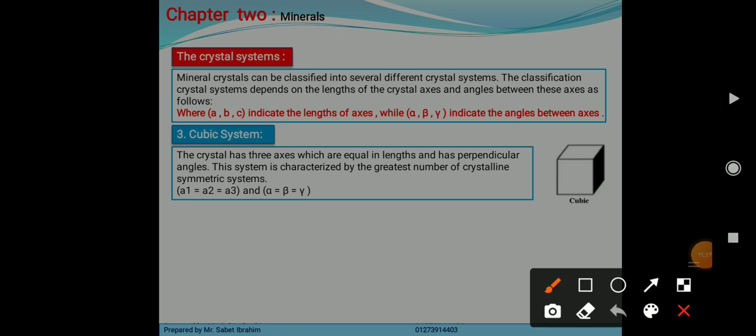And the angles between them are equal. This is alpha 90, beta 90, gamma 90. So the cubic system consists of three axes, A1 equals A2 equals A3, and alpha equals beta equals gamma.